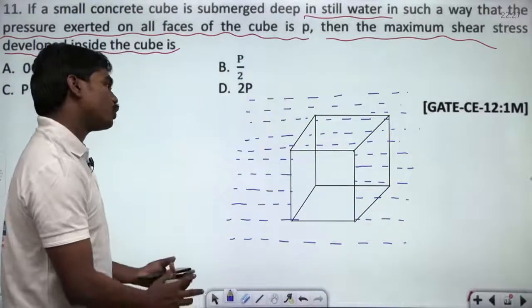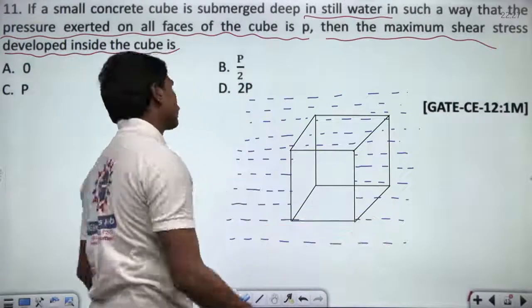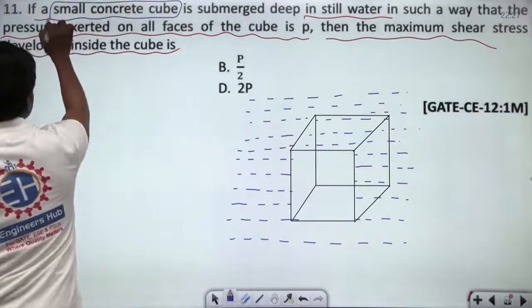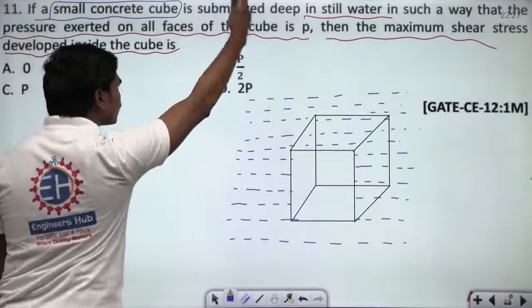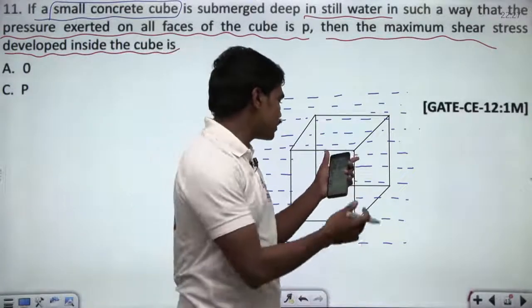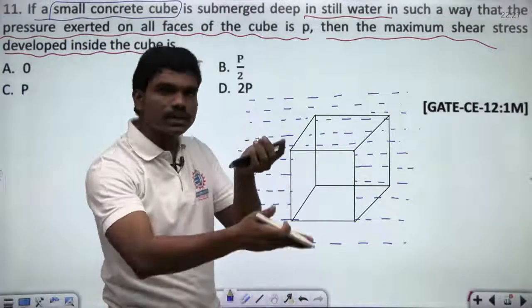Now, normally, if you go along the z direction, your pressure increases, but it's clearly given small concrete cube, and the pressure exerted on all the faces of the cube is P. What's the meaning of that? It means the side of the cube is very small, such that there is no pressure variation within that length of the side. Correct?